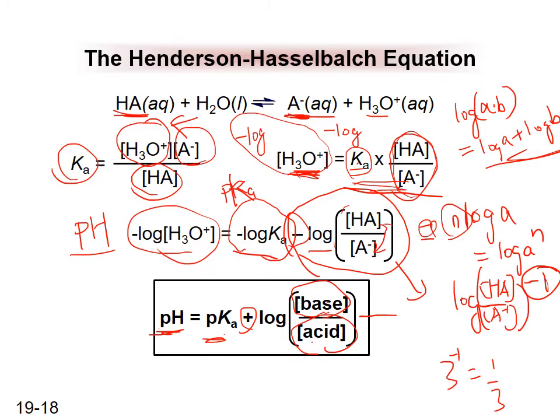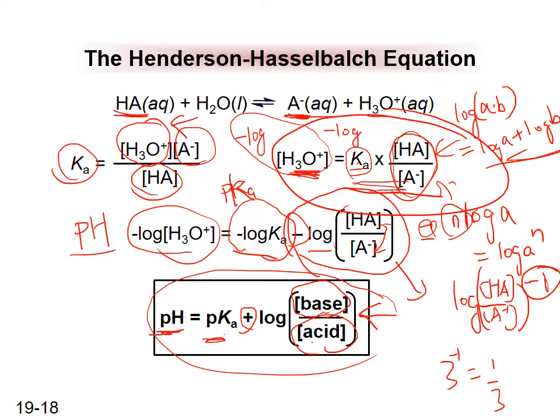It's important to remember that when you calculate the hydrogen ion concentration, you use the ratio of acid over base. But when you calculate the pH value, it's pKa plus log base over acid. This equation is called the Henderson-Hasselbalch equation. This equation allows you to calculate the pH if you know the ratio of acid and conjugate base in the buffer solution.